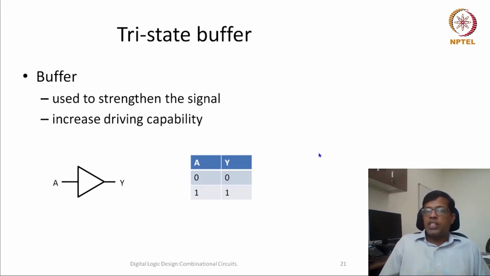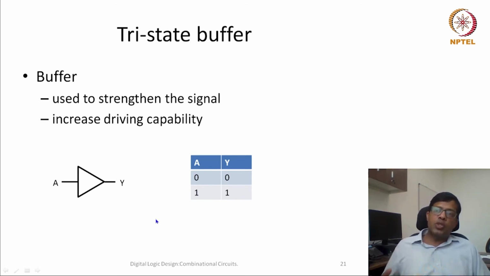To understand what a tri-state buffer is, let's first understand what a buffer is. A buffer is a simple circuit where the output is the same as the input. Here Y is the output, A is the input, and the truth table is that if A is 0, Y is also 0. If A is 1, Y is also 1. Why do we use it?